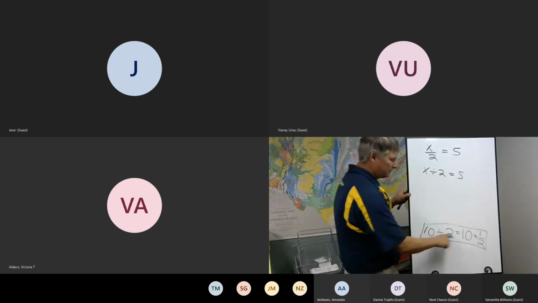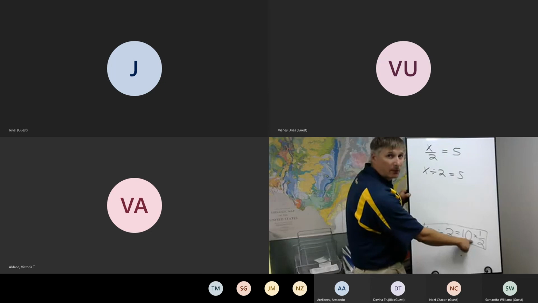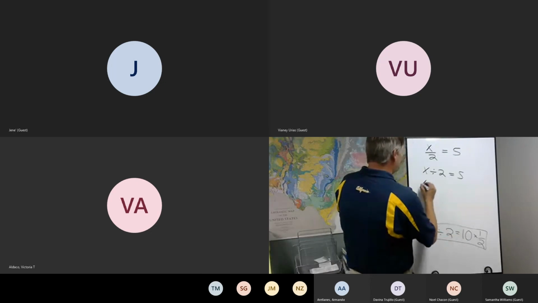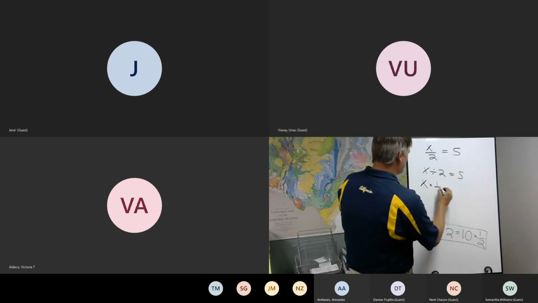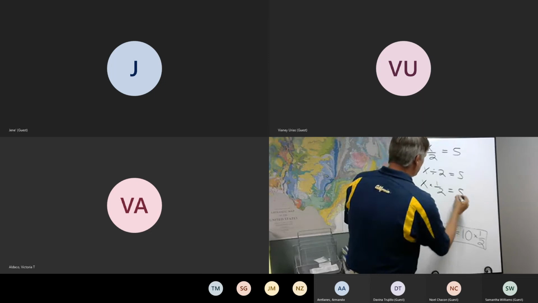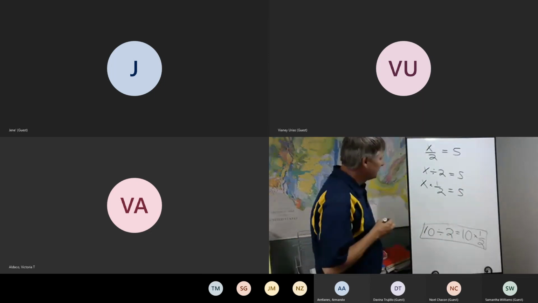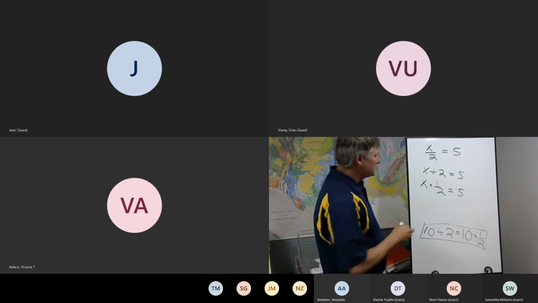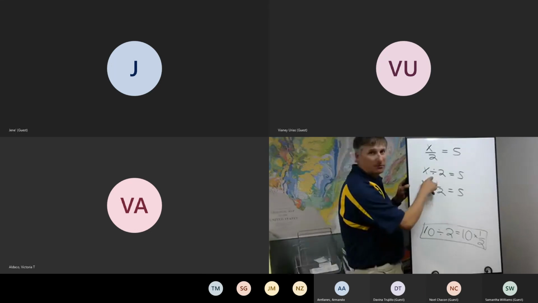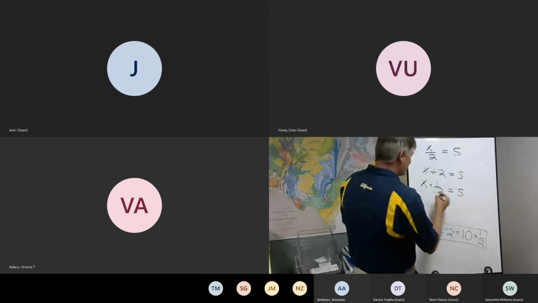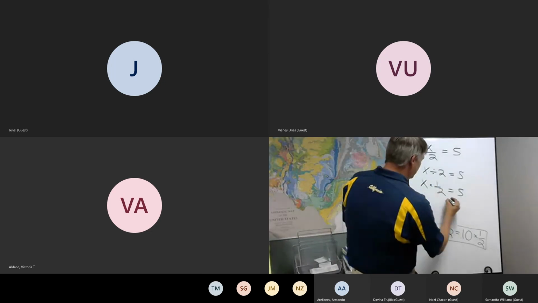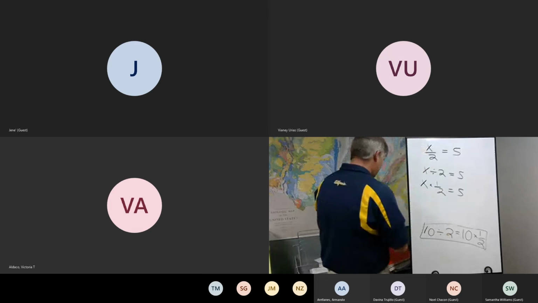But division by 2 is the same as multiplying by 1/2. So this is x times 1/2 is equal to 5. Now since this is originally division, we want to do the opposite of division, which is multiplication. So we're still going to multiply by 2.